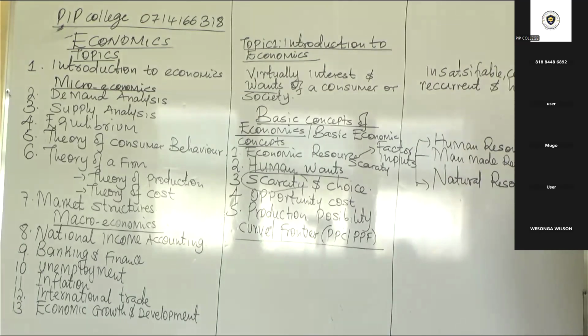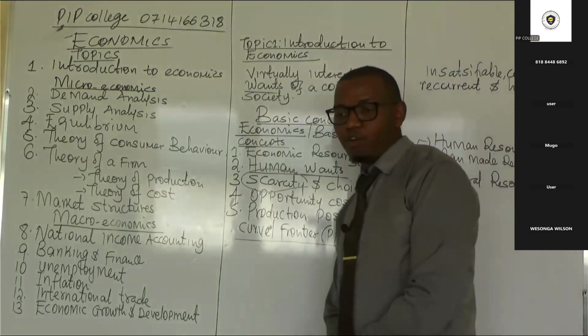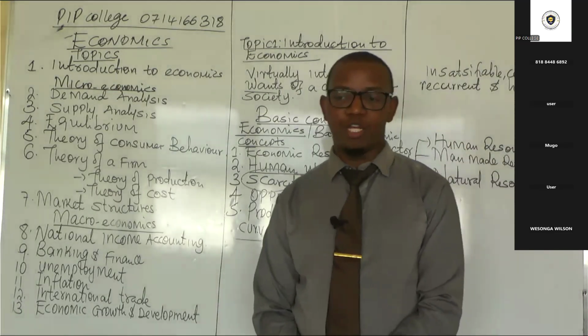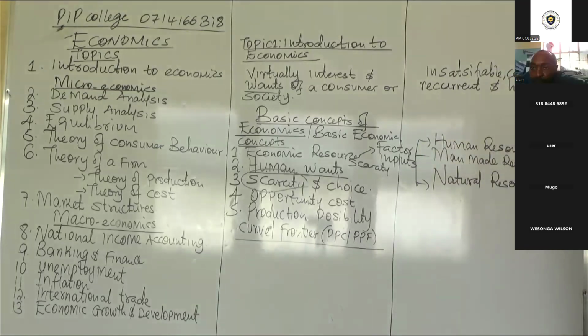So you write and say also, and they are therefore said to be scarce, and therefore individuals as a whole have to make choices.